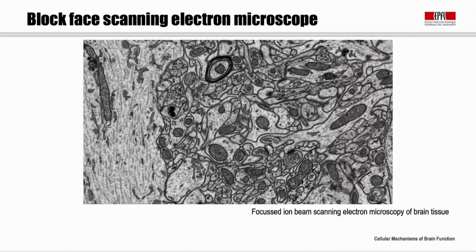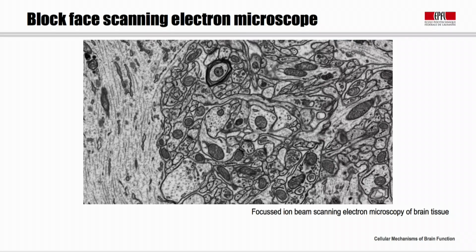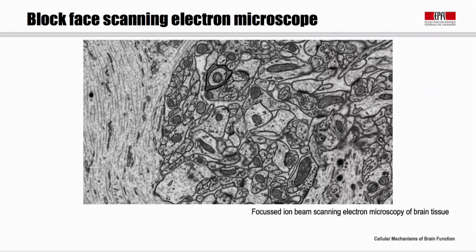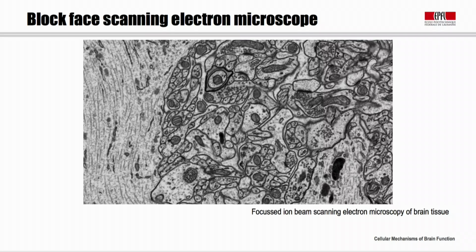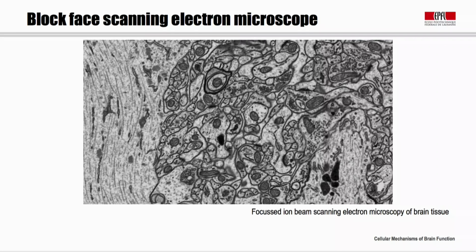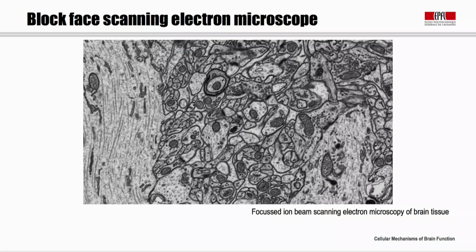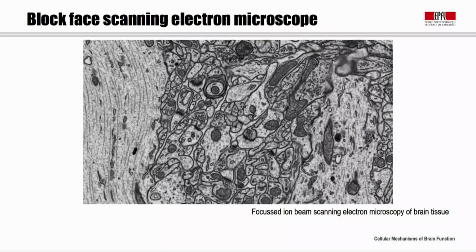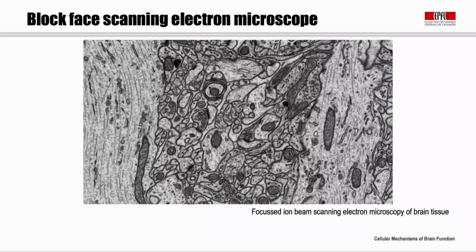We have here 2 large dendrites, one on either side of the field of view, and within them we can follow all the microtubules. We can also see all of the synaptic connections seen in this material, and we're able to identify each of the vesicles within the axonal boutons.